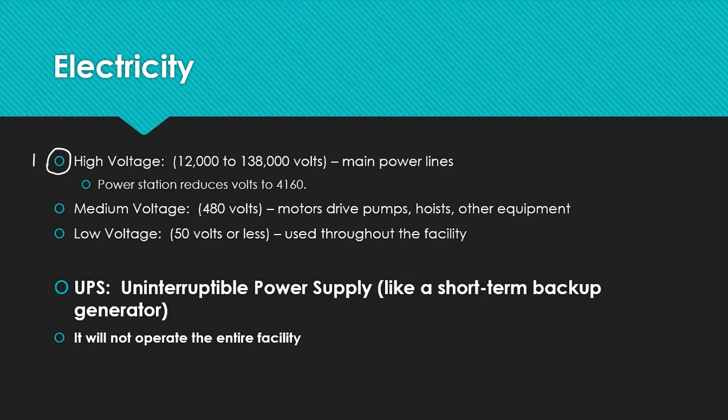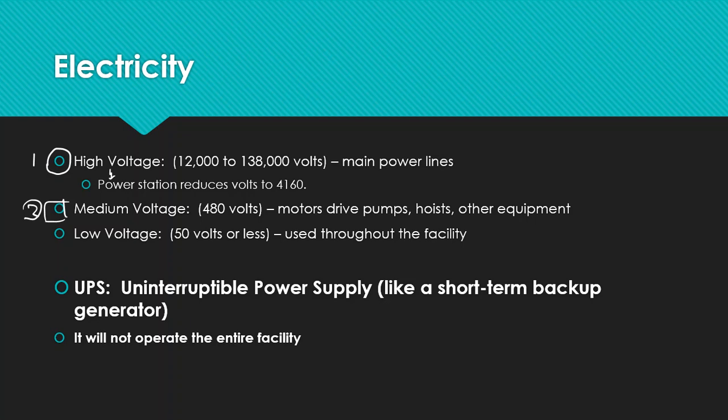There's often a power station nearby, and those power stations take that really high voltage and lower it down so that it becomes safer for the local area or region. That's the purpose of a power station, and they are normally scattered throughout, so a number of different power stations take this really high voltage and lower it down for us.